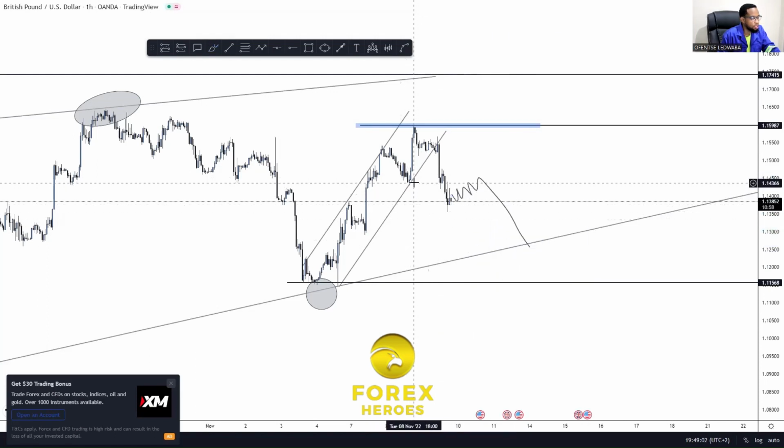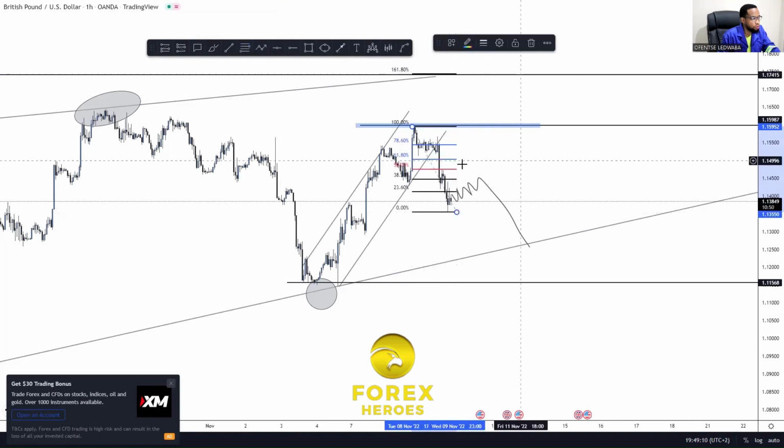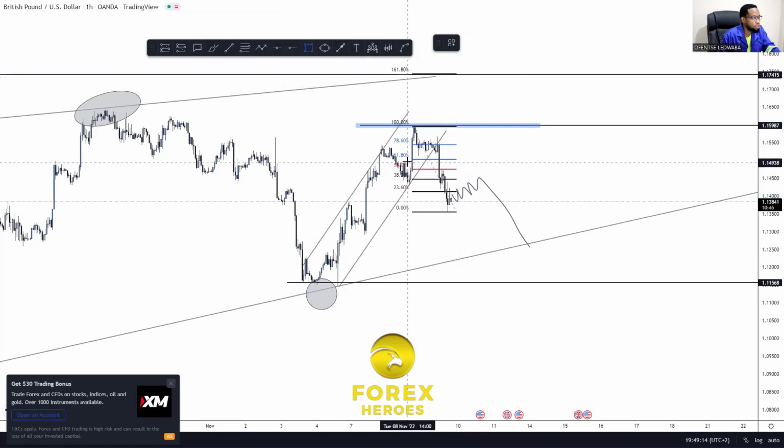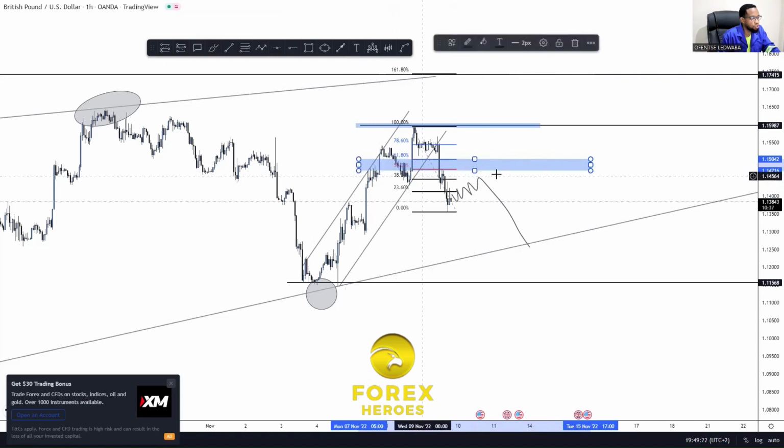You can see this point here, and also just for confirmation, I can apply my fib just to see where that price should eventually turn. Just use this.